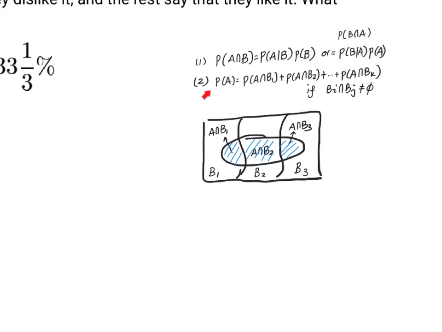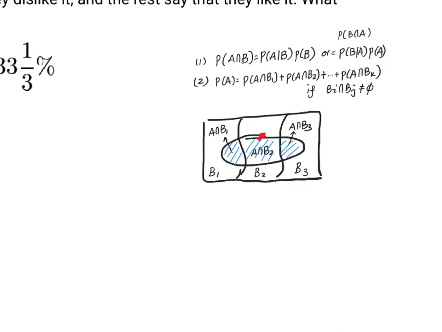The second one that we need is the so-called total probability. The idea can be explained using this graph. What is the probability of A? This little ellipse, circular shape, is A. How do you find the probability of A? It can be found by adding each intersection.